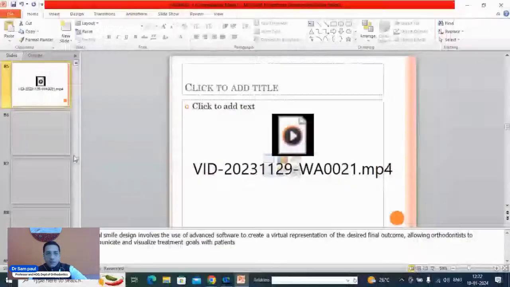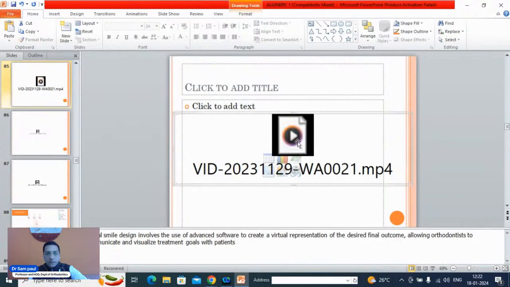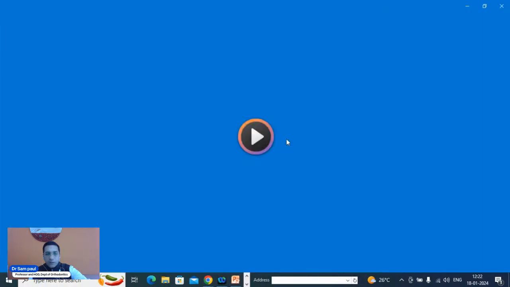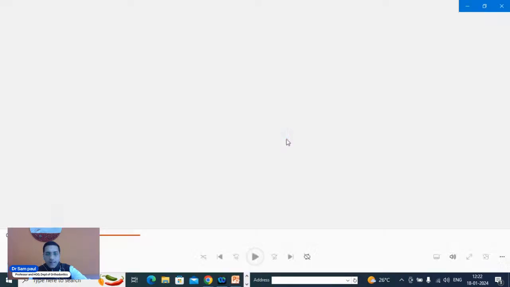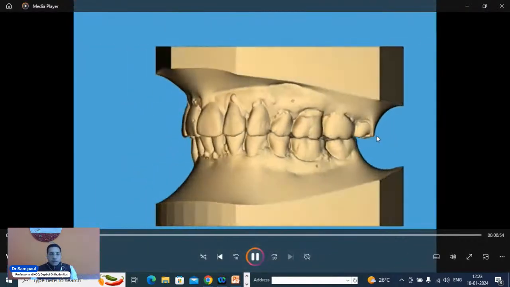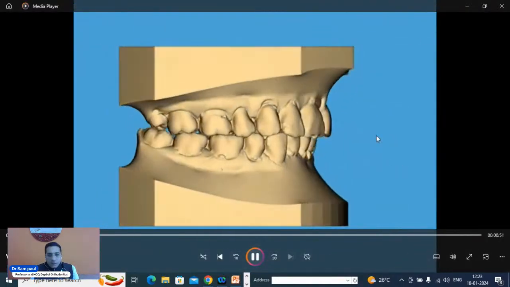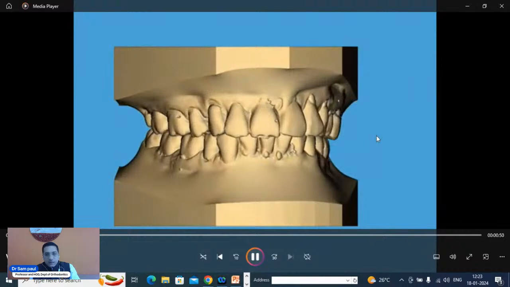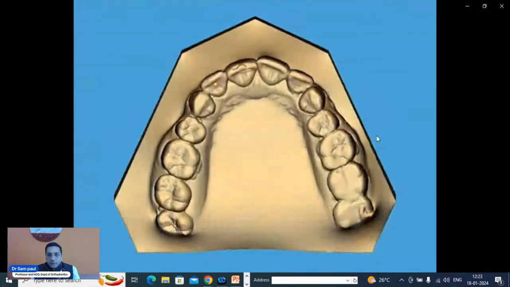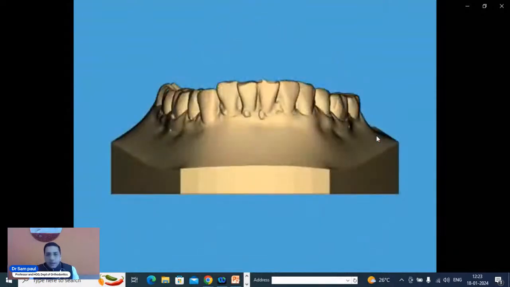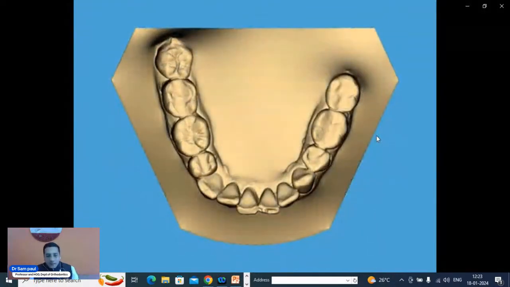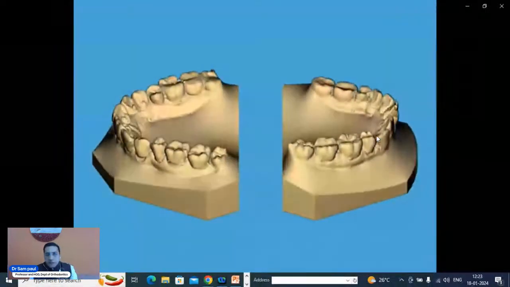And this was the view. Let me see whether it's opening or not. Yes. This is a 3D model of the same patient. So when we give all these photographs and the impression to the lab, they will give you such an animated 3D video.